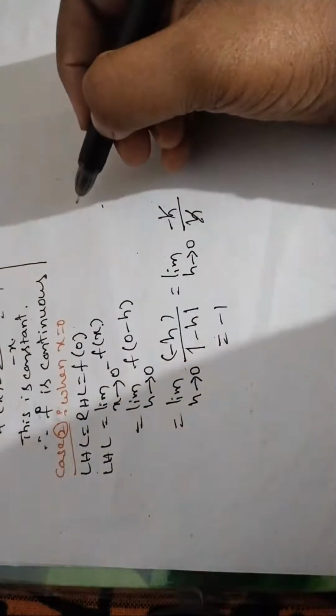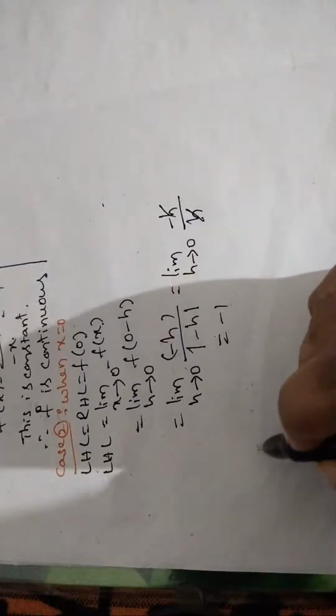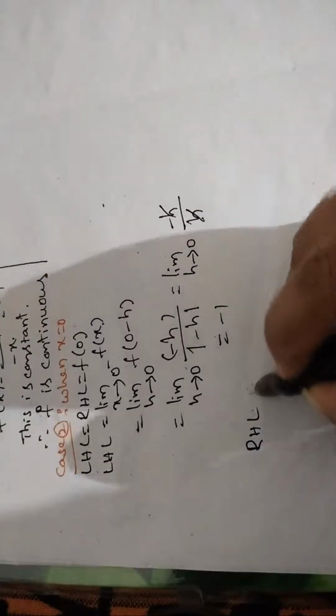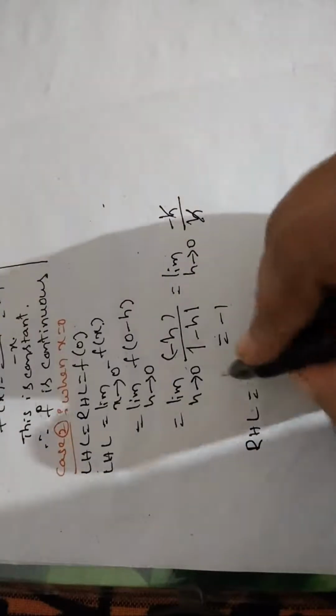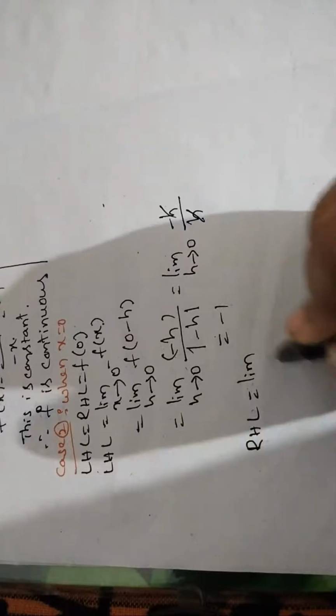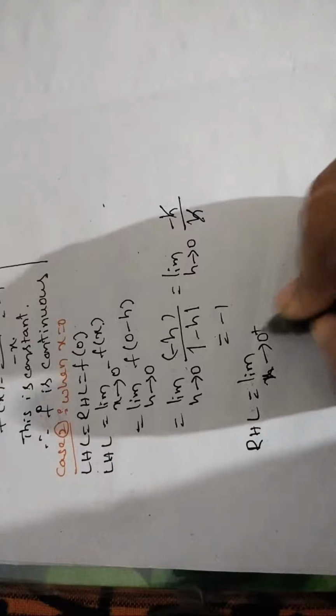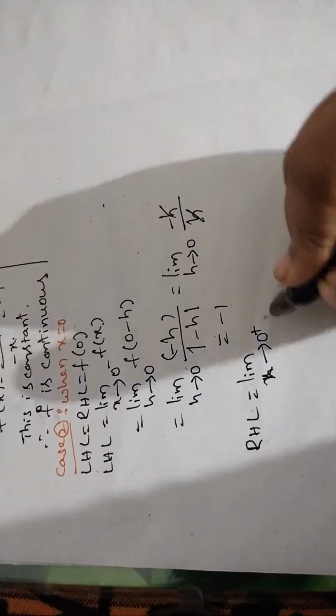Next, RHL. RHL equals to limit x tends to 0 plus, means right hand value.